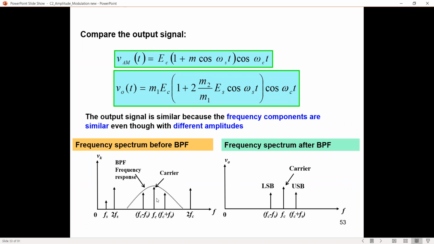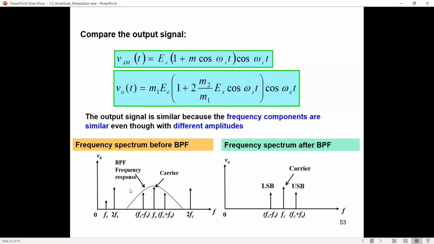But when we tune our bandpass filter at FC and let the bandwidth be 2 FM, the minimum frequency is FC minus FM and the maximum is FC plus FM.